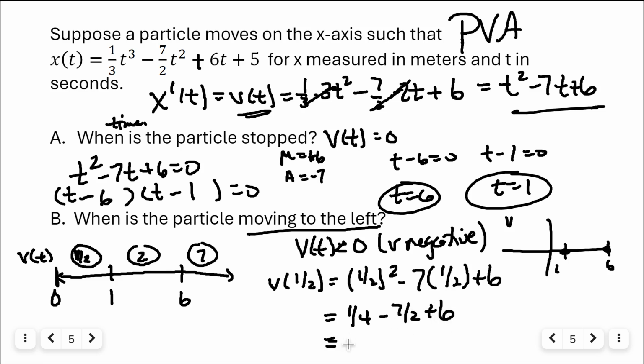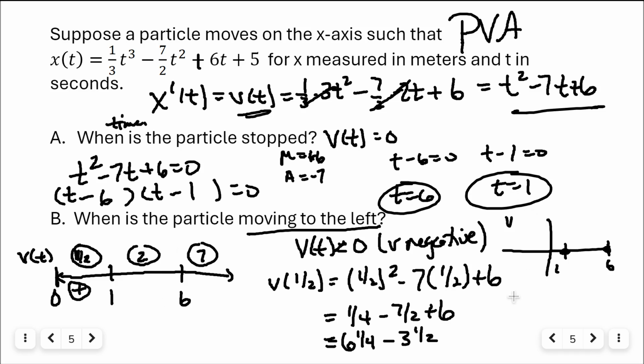We can see what's going to happen here. So you have 6 1/4, and 7/2 is 3 1/2 as a mixed number, right? 2 goes into 7, 3 with 1/2 left over. I don't care what the actual answer is for the velocity. I just care that it's positive.